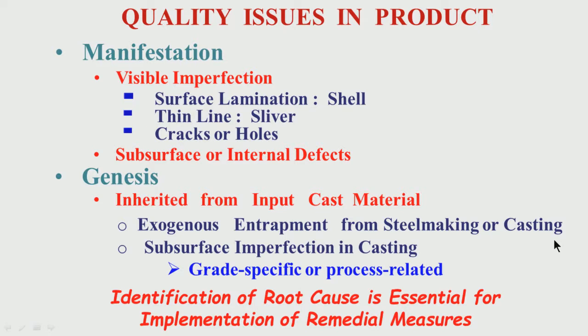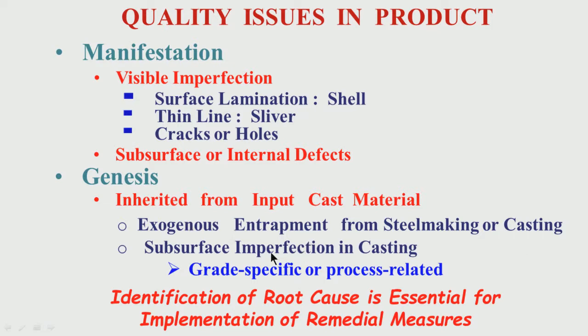There are other possibilities of entrapment also. Or from the subsurface imperfection in casting there may be a problem. These are basically entrapment during steel making or casting, that means exogenous entrapment.